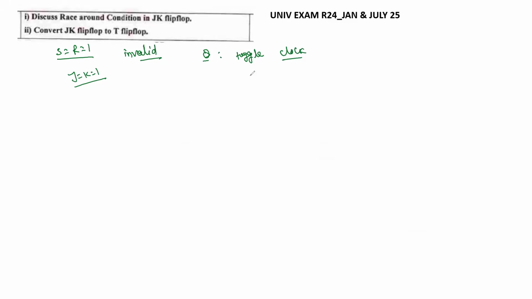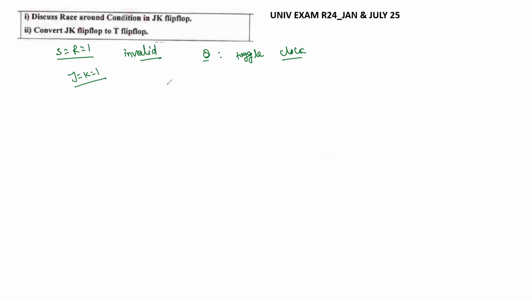That is called the race around condition. To overcome this, you have to keep the clock pulse at high level for a shorter duration, and that is used in the master slave flip-flop. The JK master slave flip-flop concept is also there.